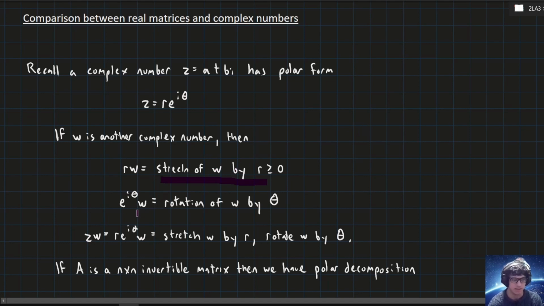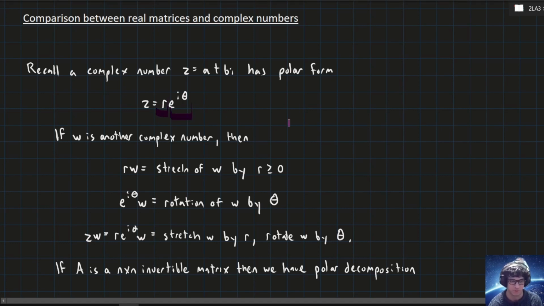And the effect of multiplying this other part, e to the i theta, times some other complex number w, is a rotation of w by theta. So a complex number can be factored into its stretching part and its rotation part.